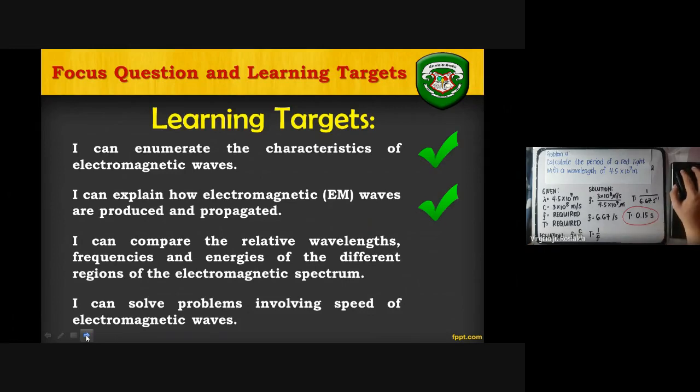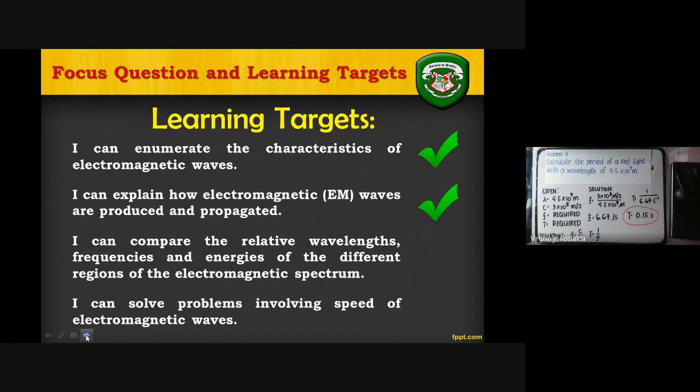Next, did we able to compare the relative wavelengths, frequencies, and energies of the different regions of electromagnetic spectrum? Yes, nagawa natin ito kasi yung relative wavelengths nila from radio to gamma, the relative wavelength is decreasing from radio to gamma arrangement, while in terms of their frequency and energy from radio to gamma, it is increasing because the wavelength is decreasing.